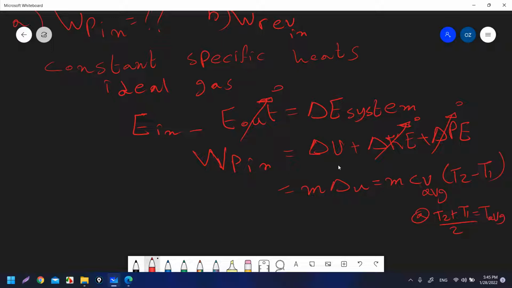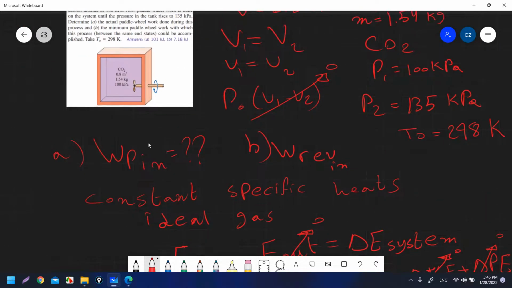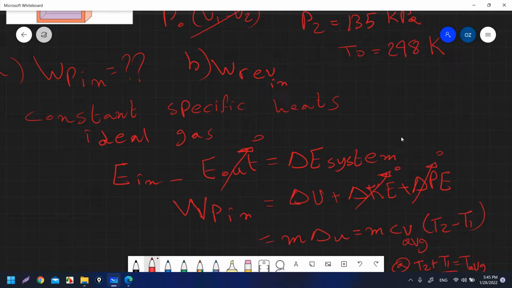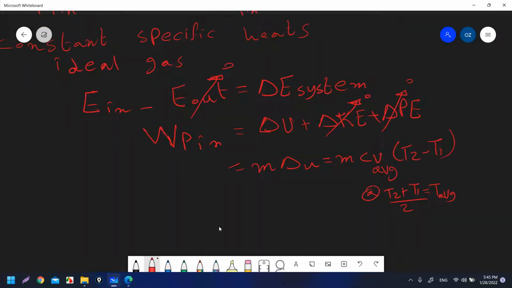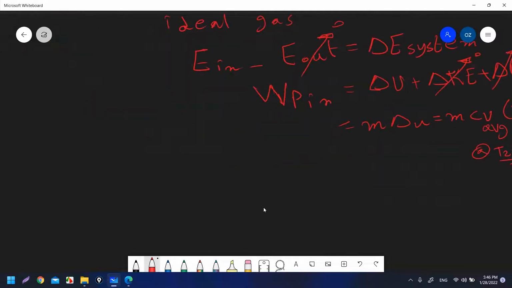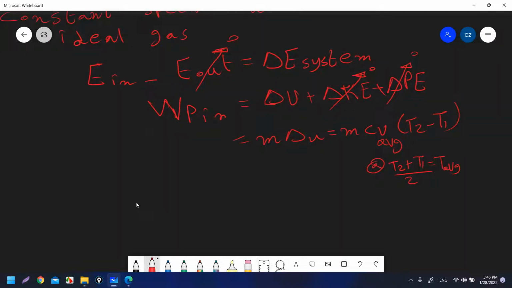Okay, you don't have T2 and you don't have T1. He didn't give me any temperature except the environment temperature in the question. So you cannot find Cv average unless you find T2 or T1. It is an ideal gas, that is our assumption. We will treat the carbon dioxide as an ideal gas, so we can use the equations for the ideal gas.